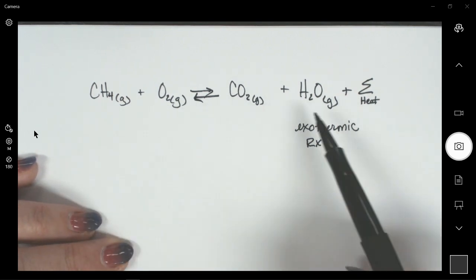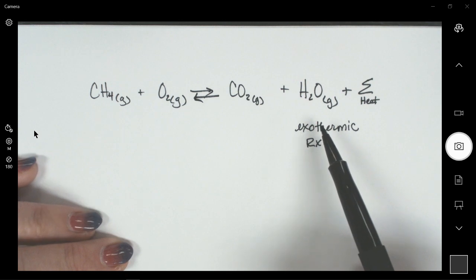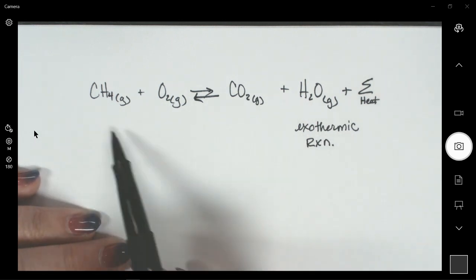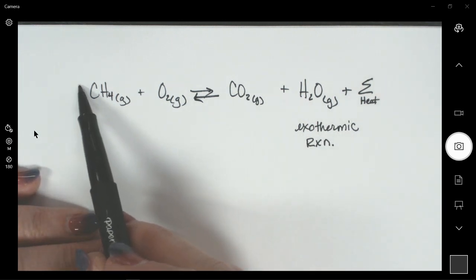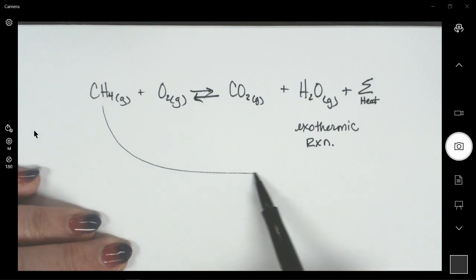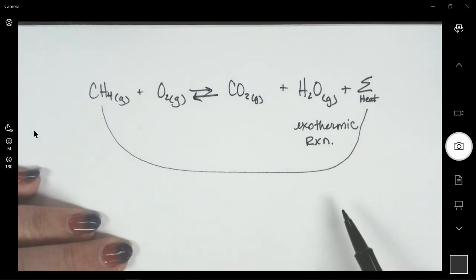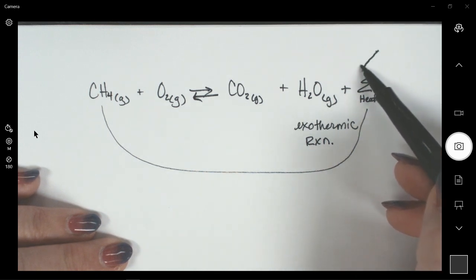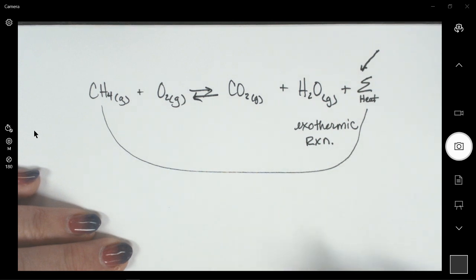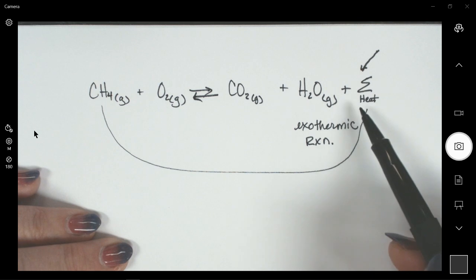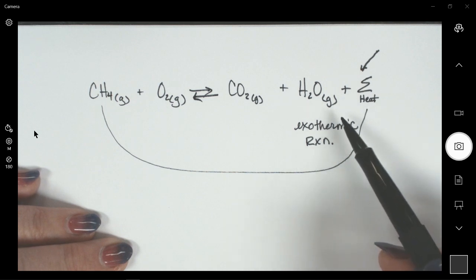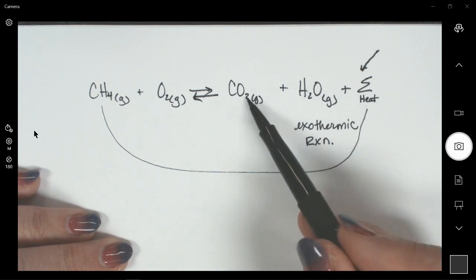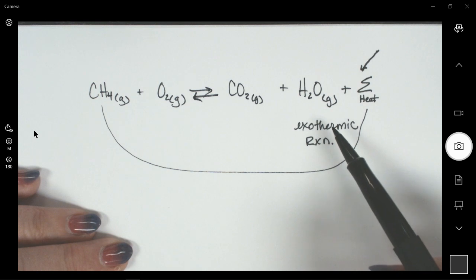So if it was at equilibrium, and we increase the temperature, that is the same as adding ketchup to this side. You literally treat the heat as another product.